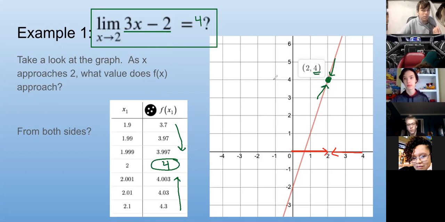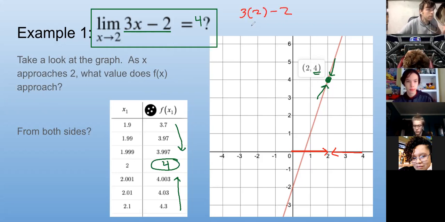We're going to see some examples where it's a little bit trickier, a little bit harder to decide what maybe is going on. But if I just plugged in 2 here, if I just did 3 times 2 minus 2, that's 6 minus 2, 4.